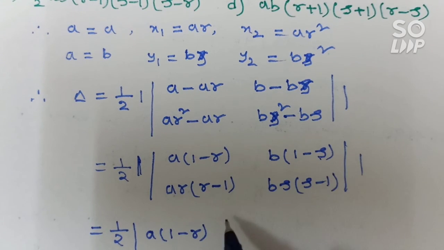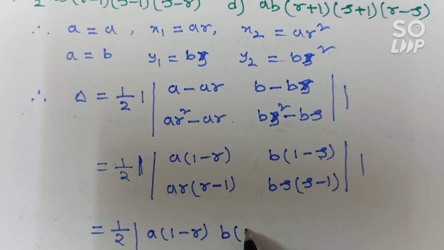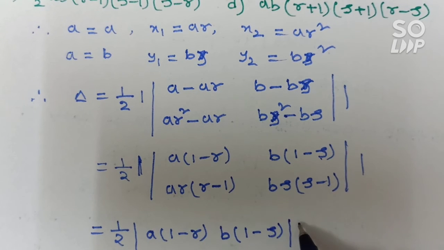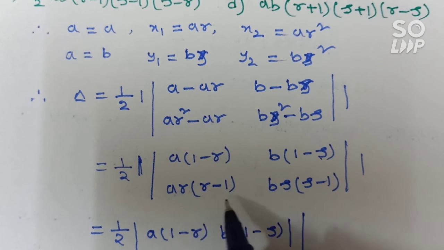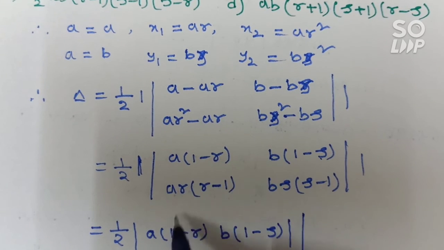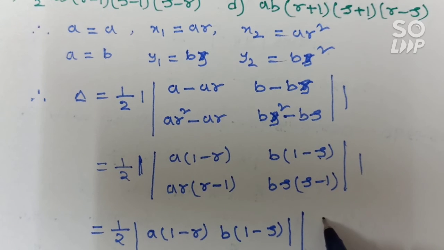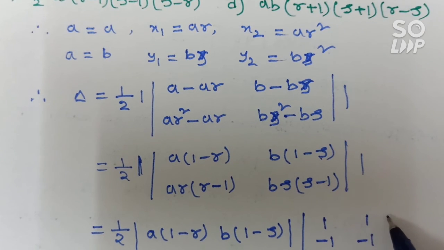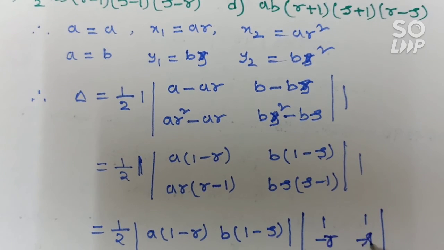Here b into, you take 1 minus s as common. Next is the determinant of, after taking a into 1 minus r, here 1 is there, here minus 1, and here 1, and here minus 1 is there. Here r is the remaining term, and here s is the remaining term.